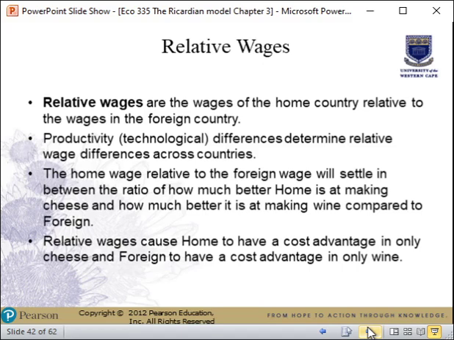Based on our example, we saw that the relative wage between home and foreign countries settles in between the ratio of how much better home is at making cheese and how much better it is at making wine compared to the foreign country. Therefore, relative wages cause home to have a cost advantage in cheese only, whilst the foreign nation will have a cost advantage in the production of wine only.